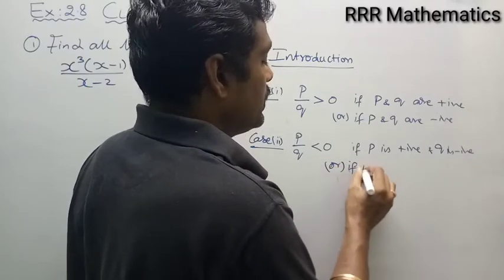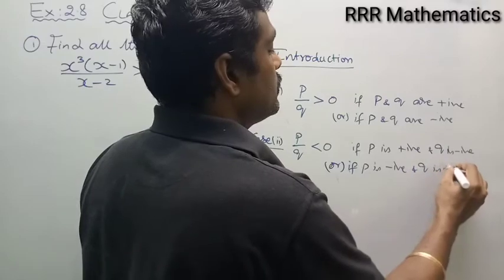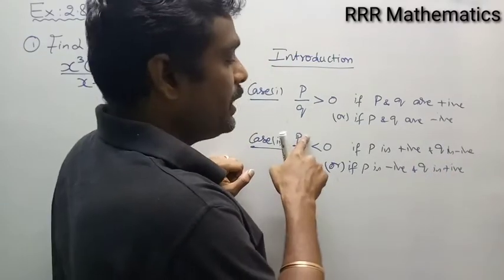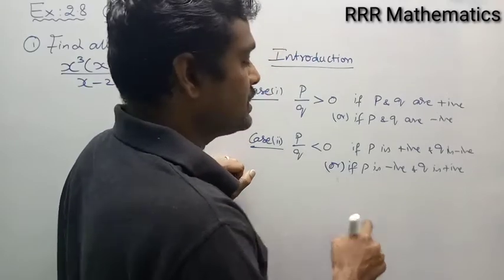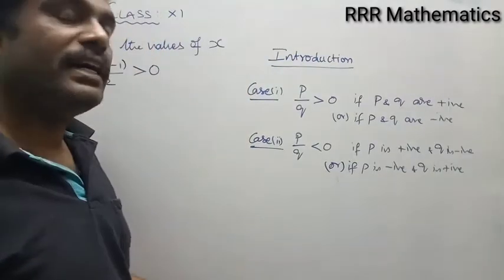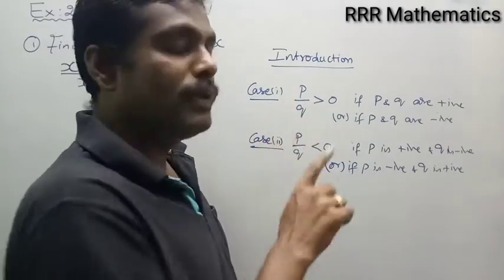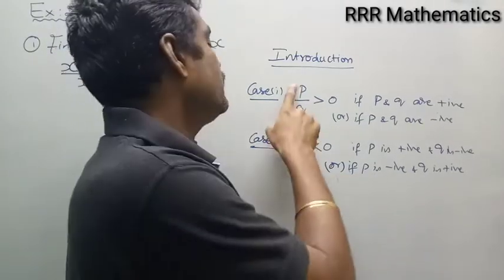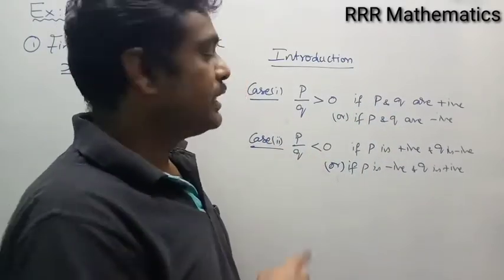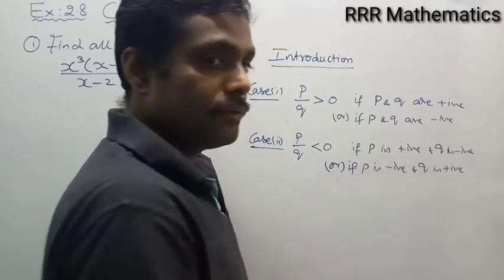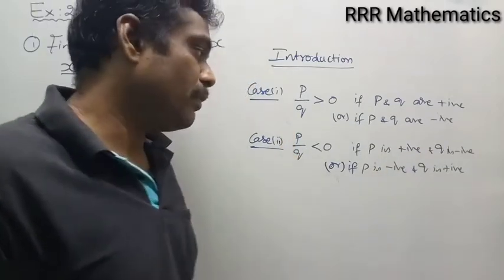Or if p is negative and q is positive, if the numerator is negative and the denominator is positive, negative by positive gives negative, which is less than 0. So if a fraction p divided by q is positive, both the numerator and the denominator are positive, or both are negative. If a fraction is less than 0, either the numerator is positive and the denominator negative, or the numerator negative and the denominator positive. This is the rule we may follow.